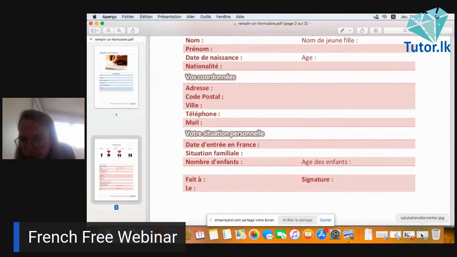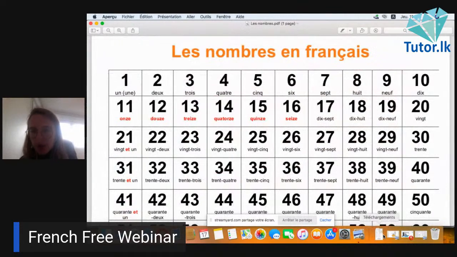Okay, so then I thought that we could see how to use, just to introduce you, the numbers from 0 to 20. It's not written here, but 0 is zéro.